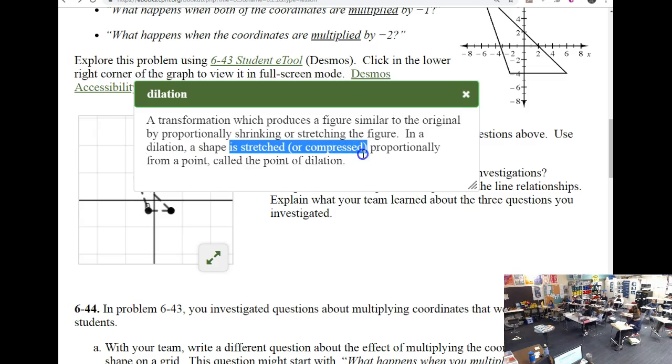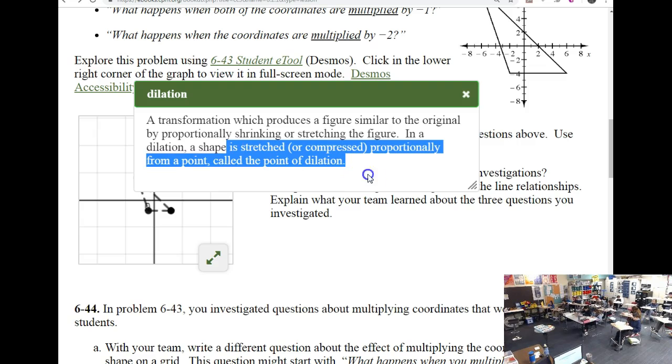So all I really care that you have is that a dilation will stretch or compress from a certain point. And that last part is more important than you realize. And I got some people not writing right now. A dilation is a stretch or compress.